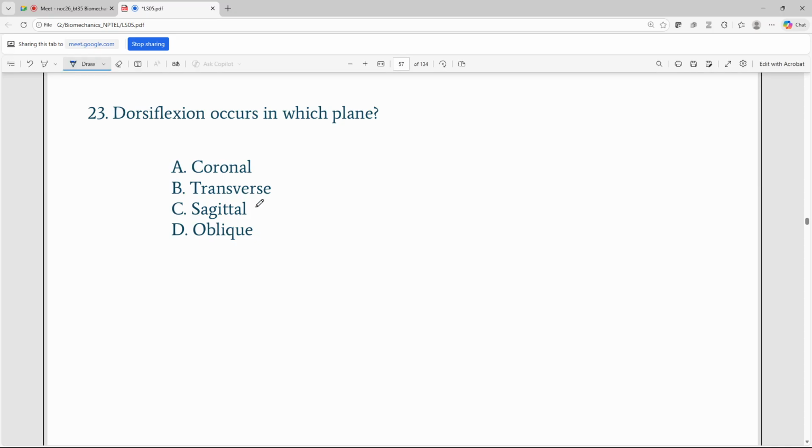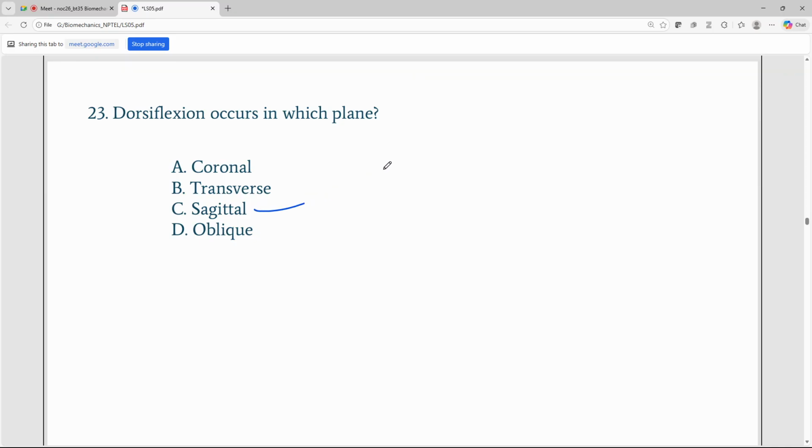Answer is option C, sagittal. Dorsiflexion and plantar flexion occur in the sagittal plane.